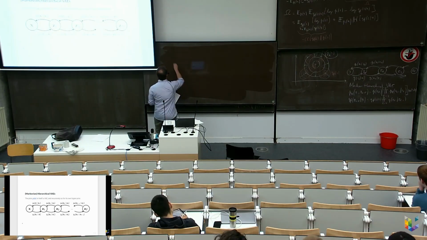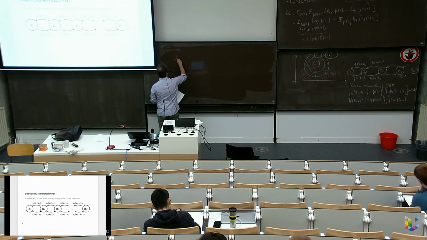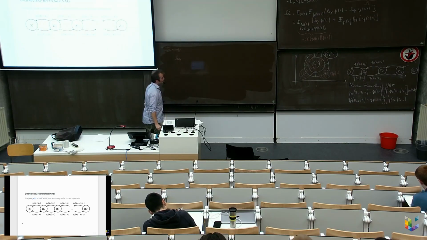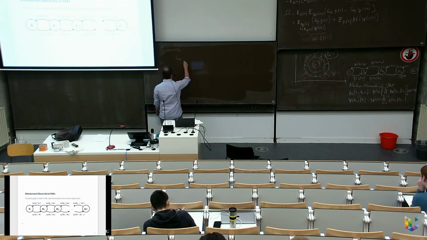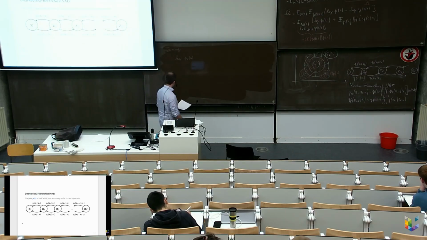So, for training, we would be maximizing the likelihood of the data as in a regular VAE. So we want to maximize the marginal density of X. Okay. We don't care about the Z's. We only have X's that we want to reproduce.